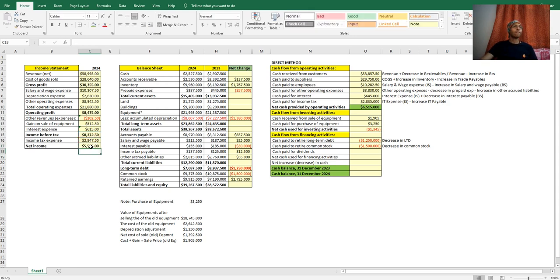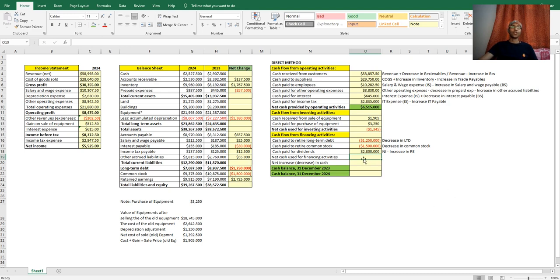This is equal to 5525. So net income was 5525 and increase in retained earnings was 2725. So easily we can find out the dividend, friends. It's basically net income minus increase in retained earnings. So this is 5525 minus 2725, which is equal to 2800.